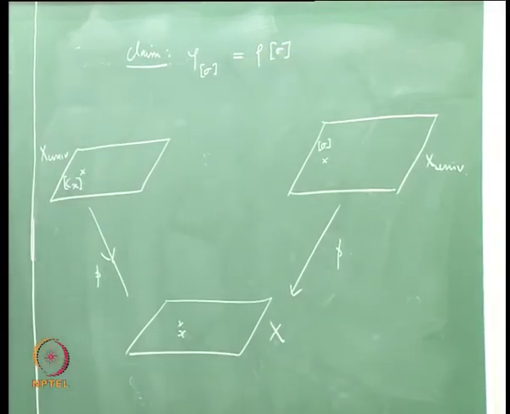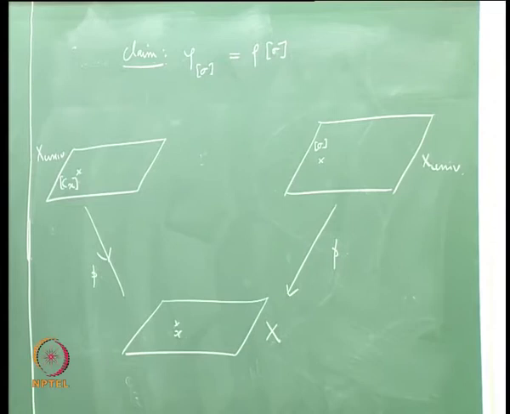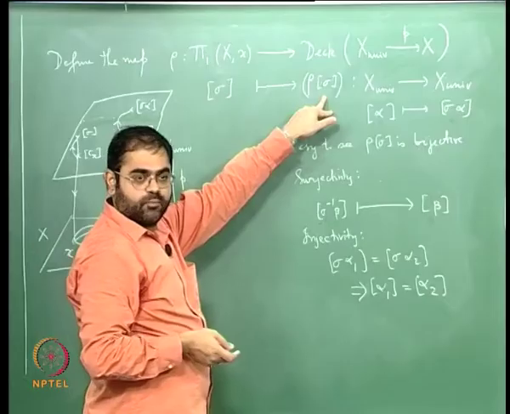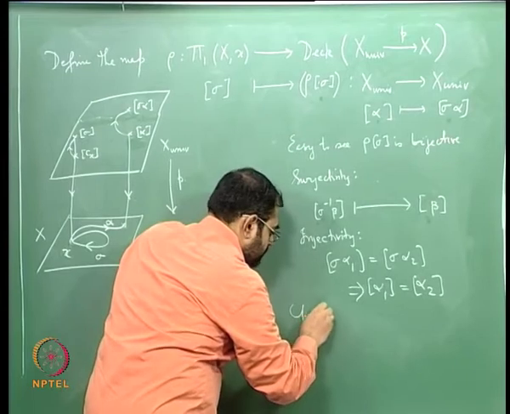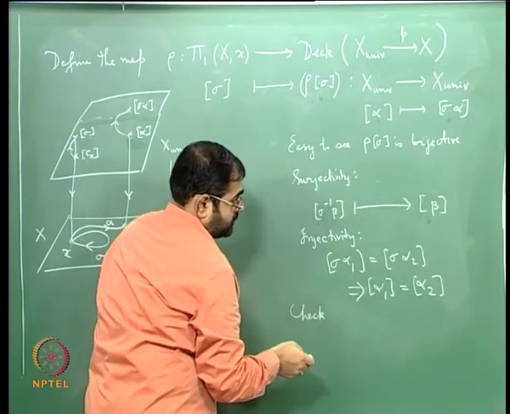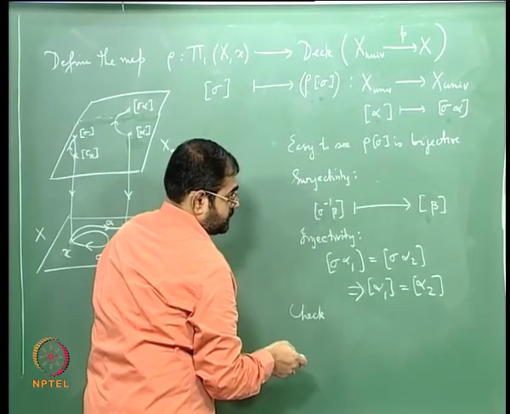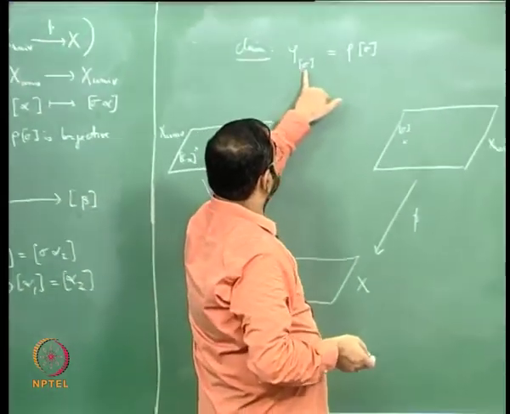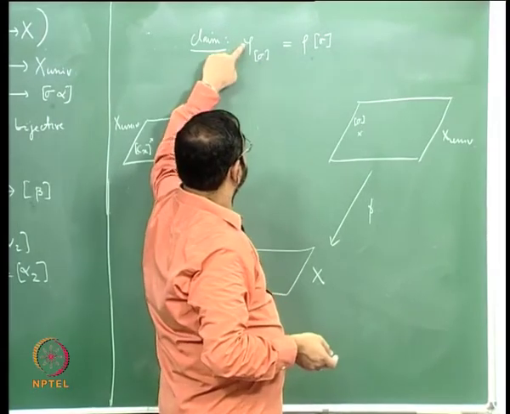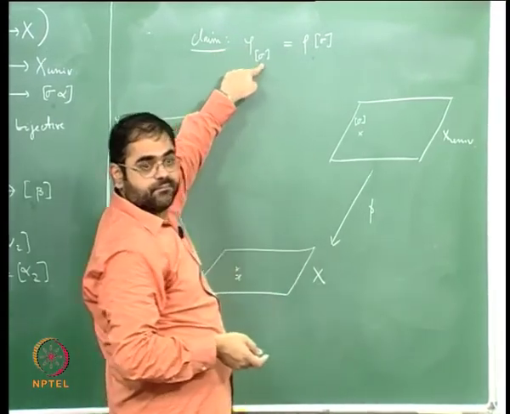I claim that these two are the same. Of course, you have to do some work to check that rho of sigma is a homeomorphism, okay. In fact, to check that rho of sigma is a homeomorphism, you can check that these two are equal and then use the fact that phi sub sigma is a homeomorphism, okay.